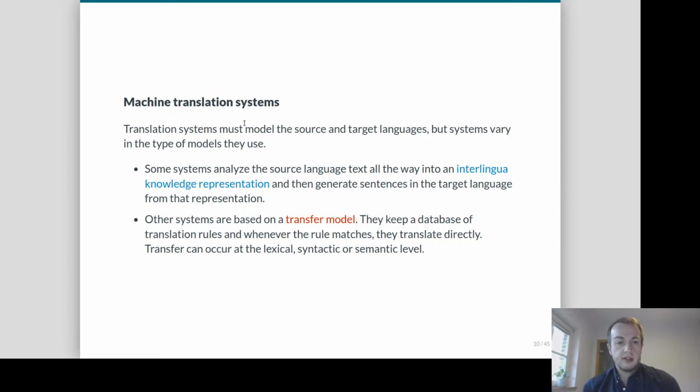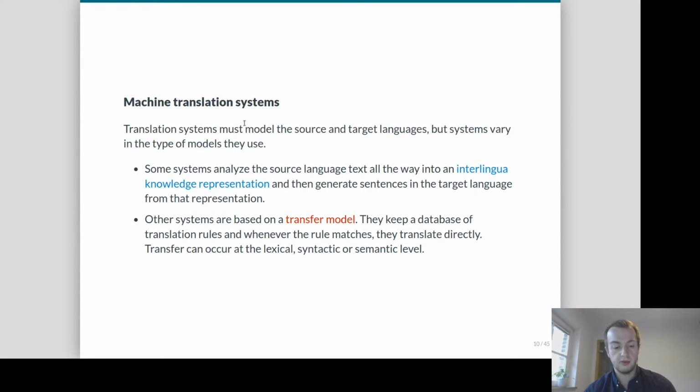But one thing that this translation system must do is to model the source and the target languages in some way, right? And mainly, the system will vary in the type of models they will use. And so there are different flavors, I would say, of machine translation system, but most of them are based on some knowledge representation, which is some intermediate representation, which is computed from the source sentence.